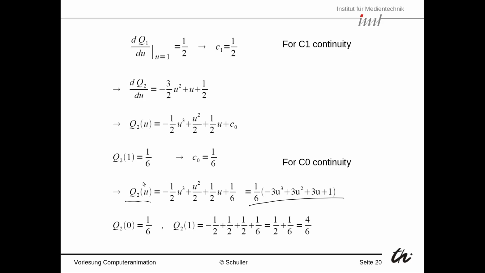Right, so that means we can now plug it in here, and we get the polynomial for C0 continuity for the second interval. And we can factor out 1/6, and this is the polynomial that we get.